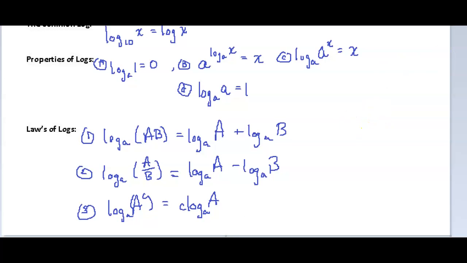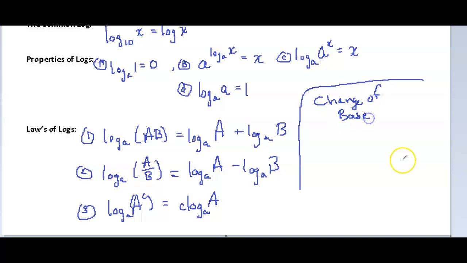We also have one more property. It's going to fit here in the corner. We call this the change of base formula. This is helpful when you're calculating logarithms and using a calculator that doesn't allow you to choose your base.